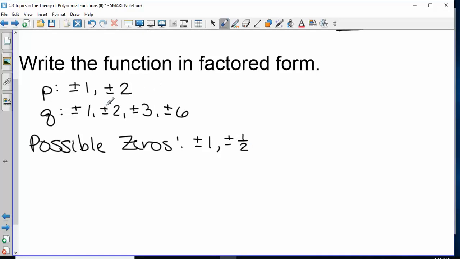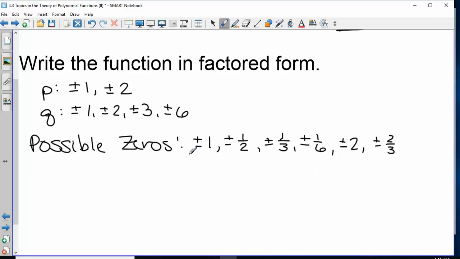But sorry, I was doing all my ones first. You can do them in any order. 1 over 3, and 1 over 6. Then we can do our 2. 2 over 1 is 2. 2 over 2 is 1, but I already have it. 2 over 3. 2 over 6 is 1/3, and I already have that. Okay, so now we need to find one that works.